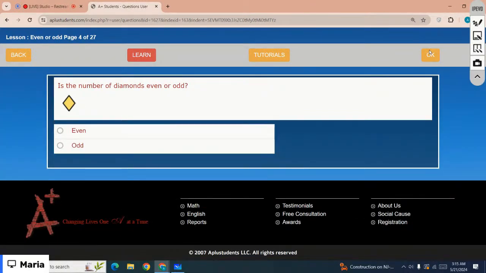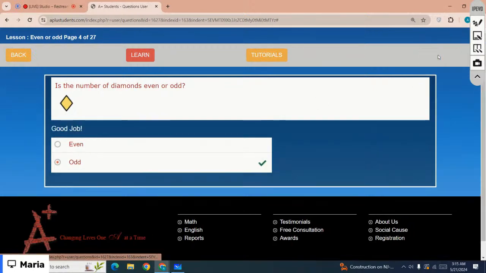Is the number of diamonds even or odd? Which is the correct option? Odd it is. 1 is an odd number. So odd.